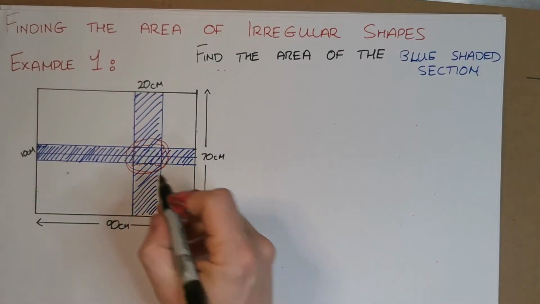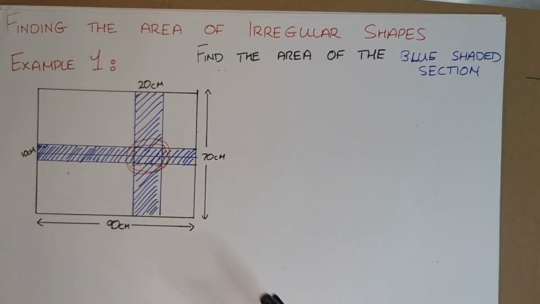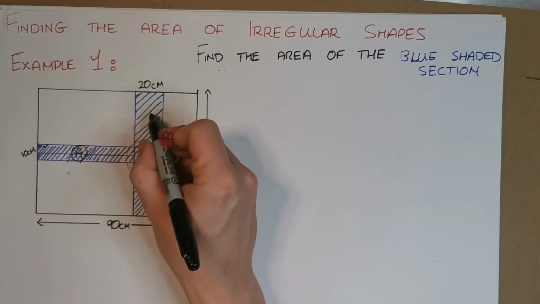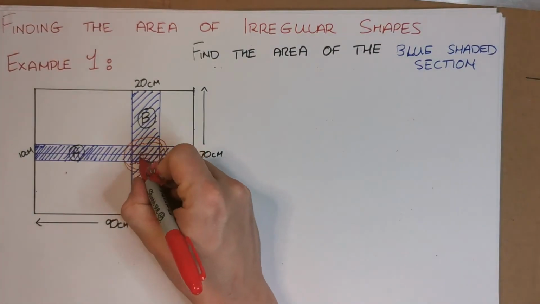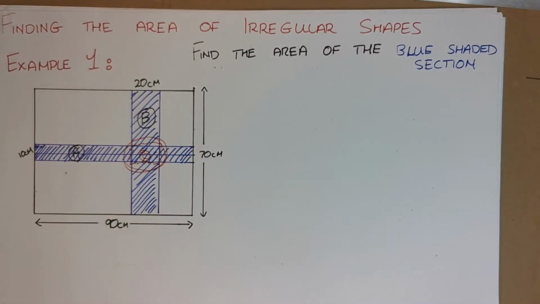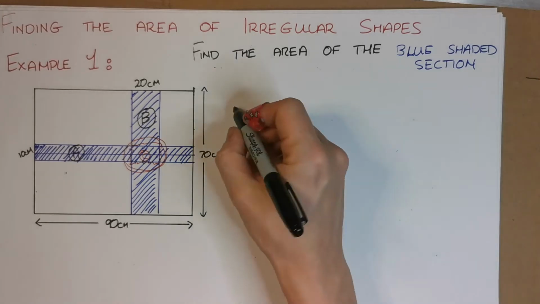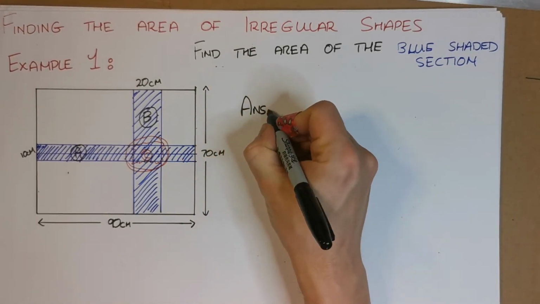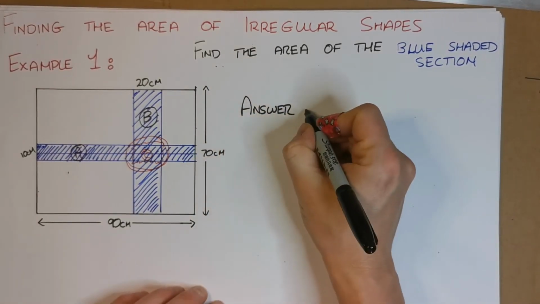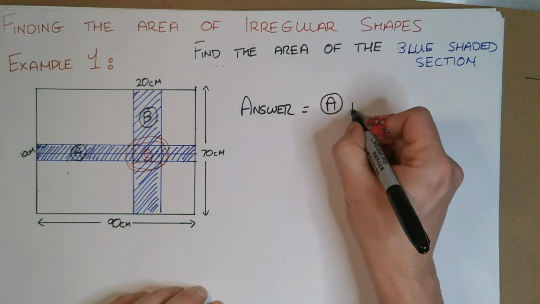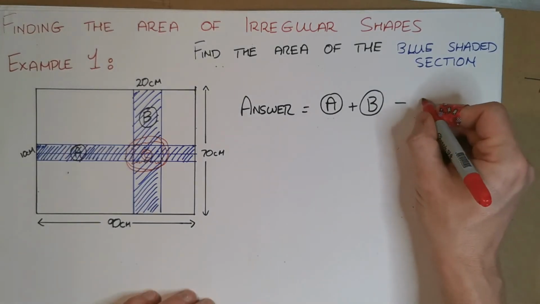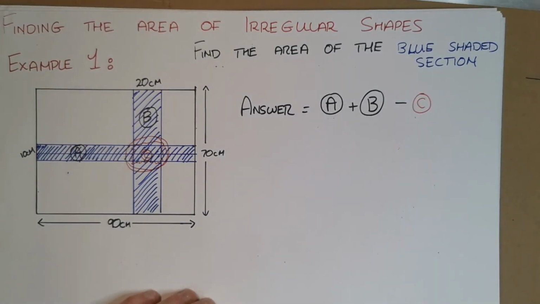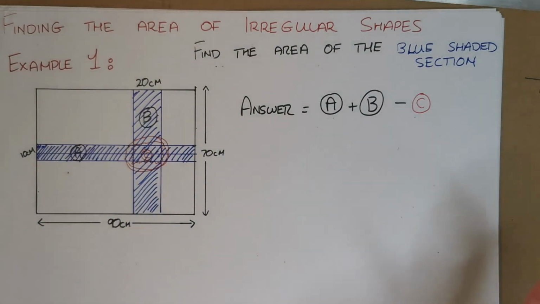Let's call this strip A, this strip B, and this little section in here section C. Our answer is going to be A plus B, minus C. Just in case you're wondering, yes, we do need C, but we're taking it twice by taking those two strips, so we're just taking it away once.